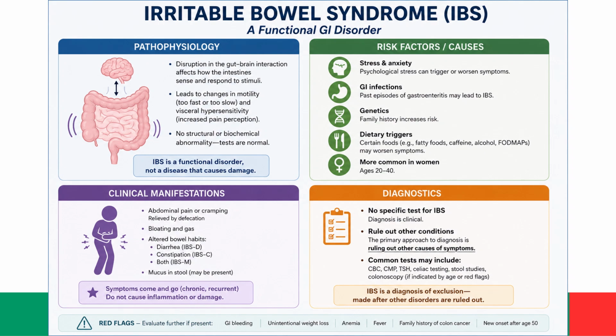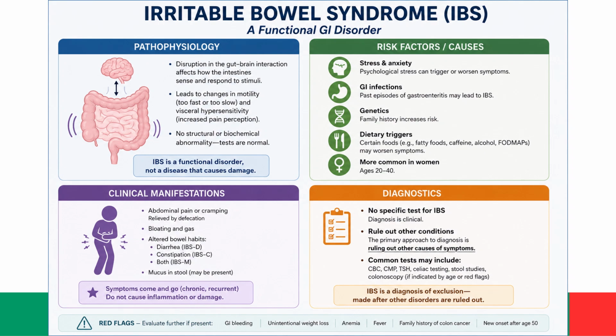In some patients, this may alternate between the two. That's why IBS is often categorized as IBS-D, which is predominantly diarrhea, D for diarrhea, IBS-C, predominantly constipation, and IBS-M, which is mixed bowel habits.